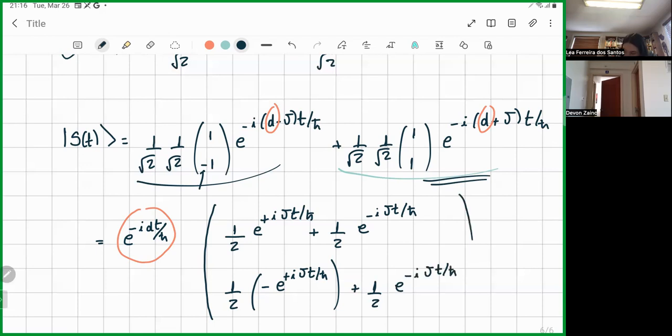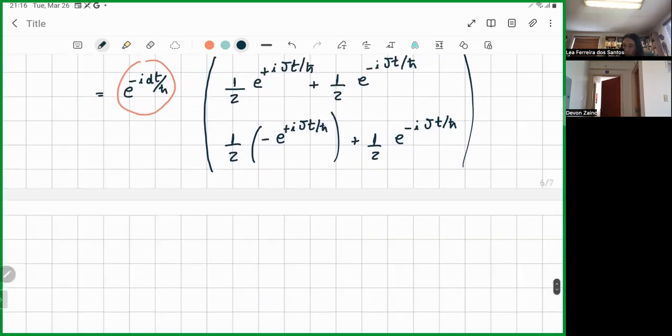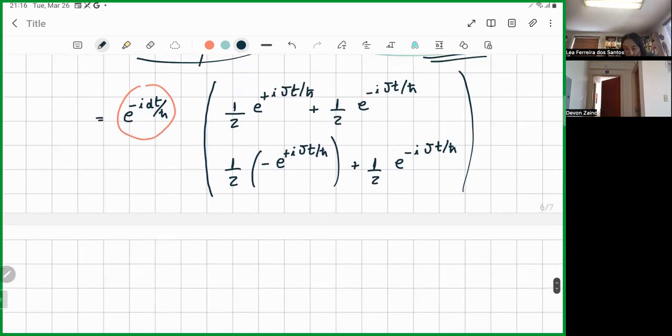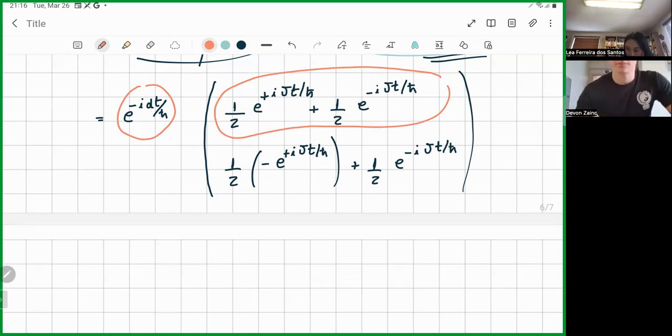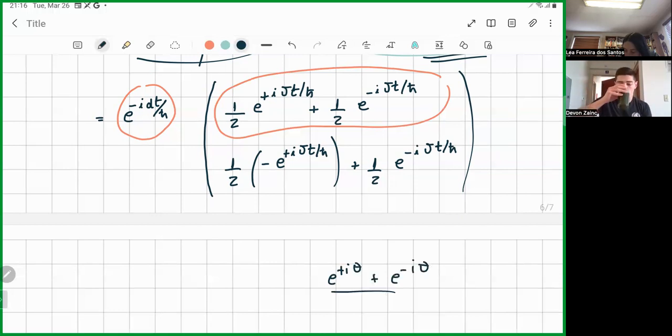So why are we doing all this? Maybe because now you can recognize things. This top part here: exponential plus i, exponential minus i. So what we have at the top is exponential plus i something plus exponential minus i something, divided by 2.